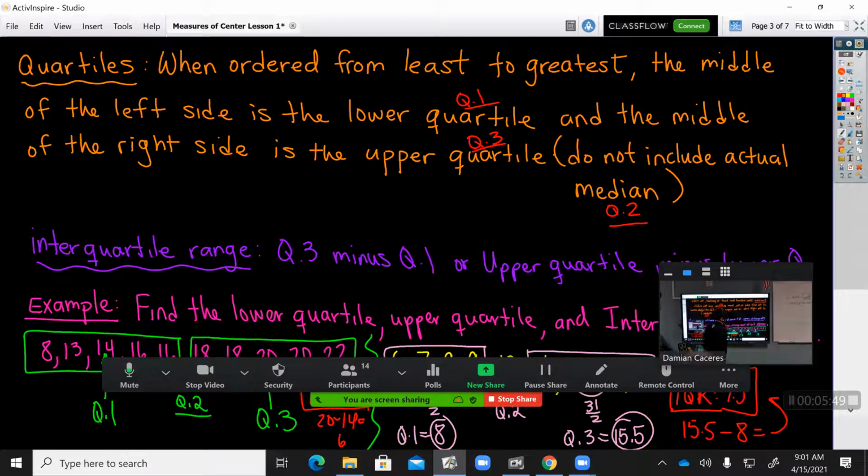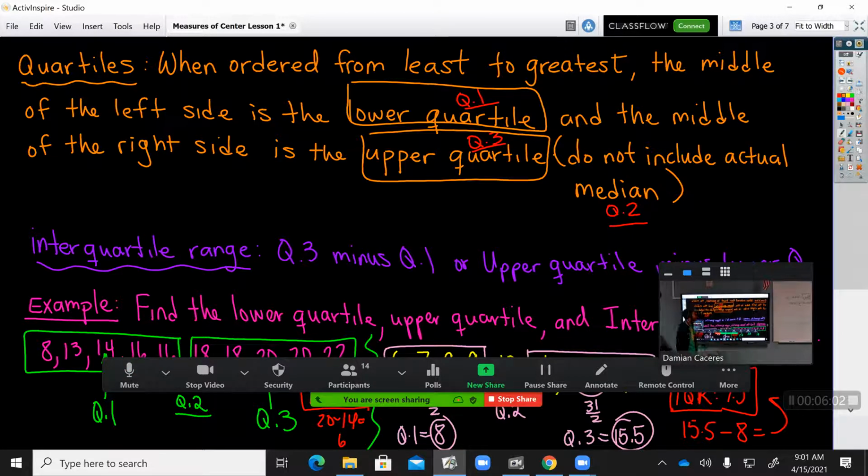You have to order from least to greatest. So when ordered from least to greatest, the middle of the left side is the lower quartile, and the middle of the right side is the upper quartile. Now, we call the lower quartile Q1, we call the upper quartile Q3. The median is called Q2.